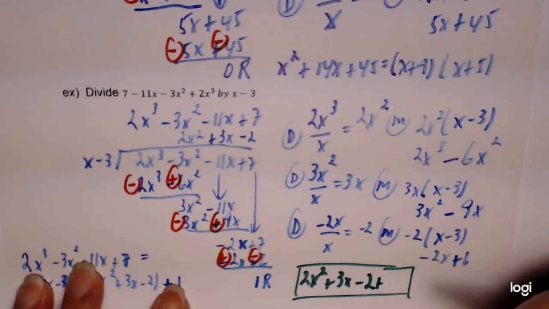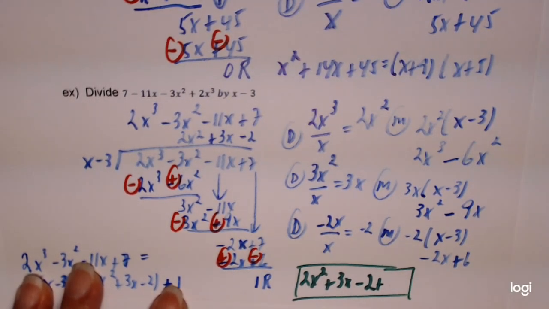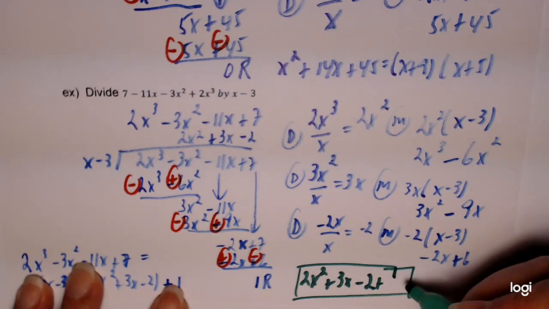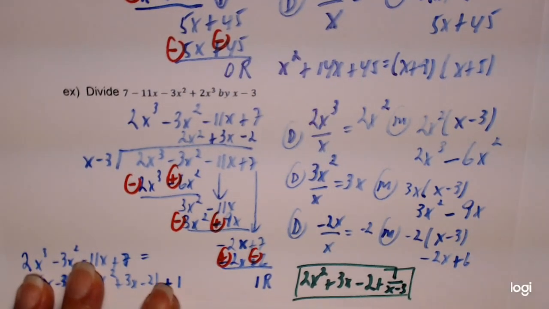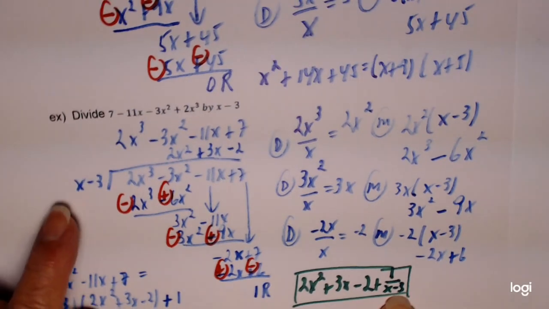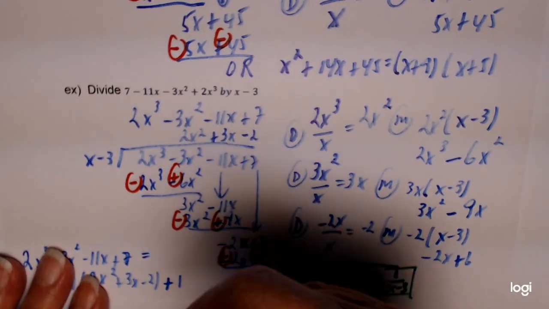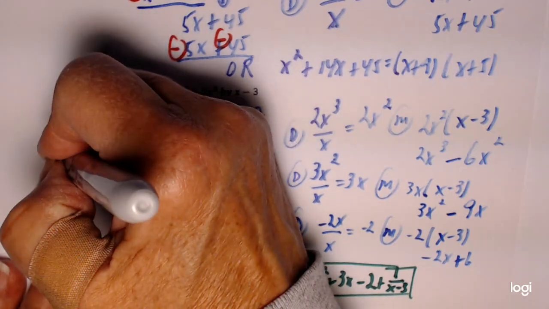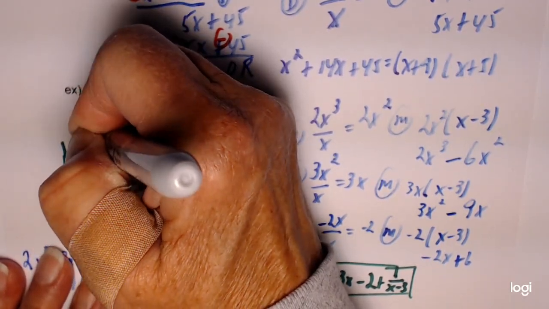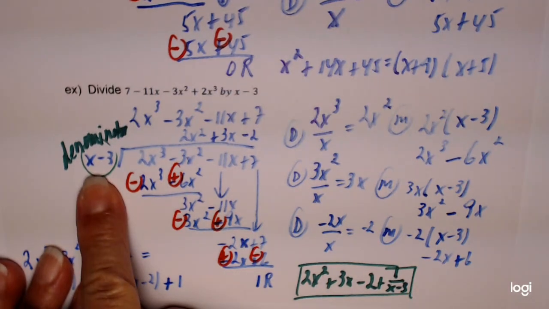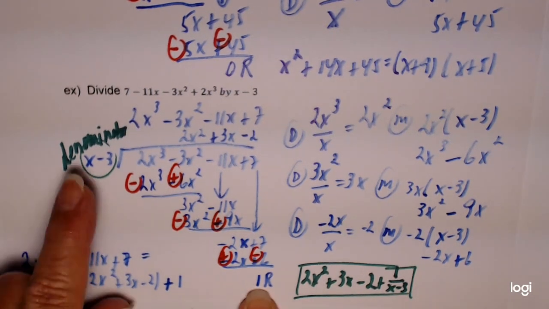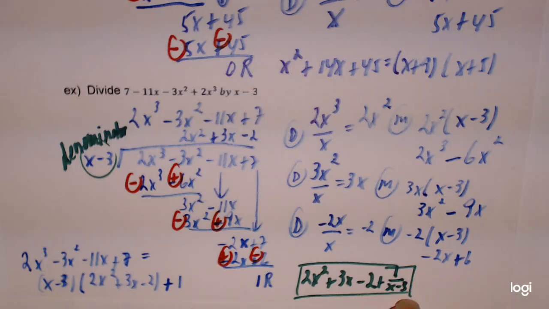And then this remainder of 1, we are going to write as 1, the remainder, and it's going to be a fraction with the denominator of the divisor. So this becomes the denominator if we have a remainder. Okay, so any remainder would go over this denominator here. So that is long division.